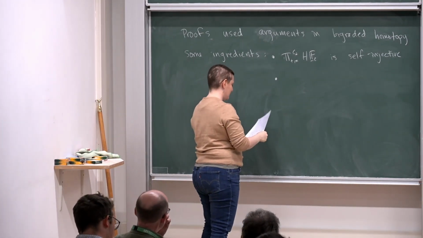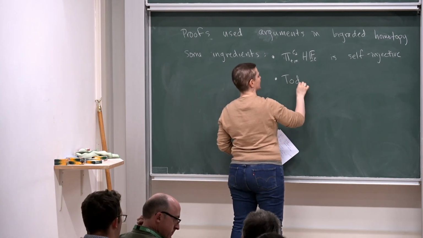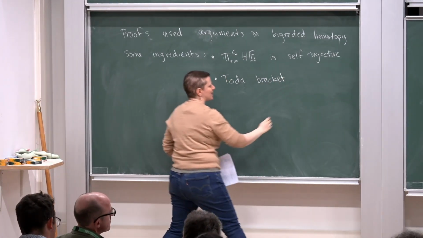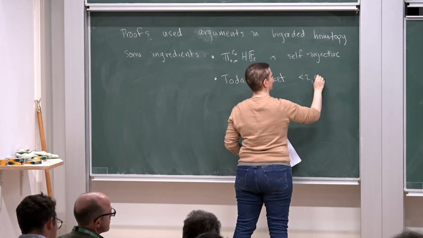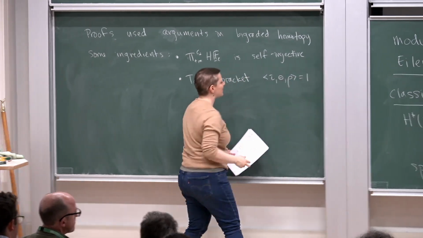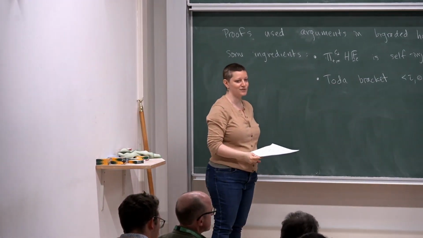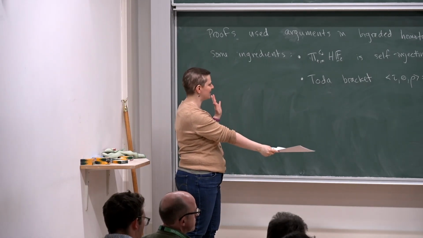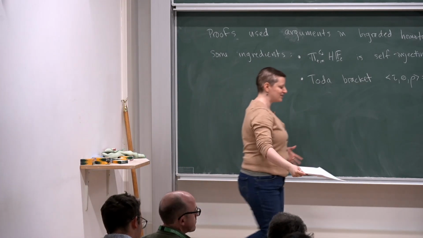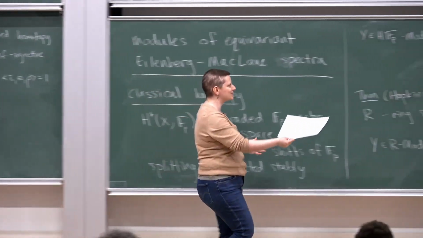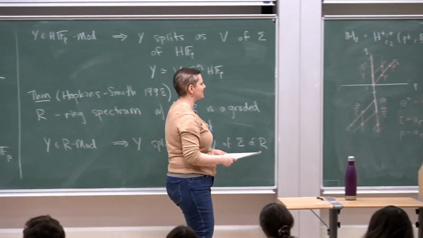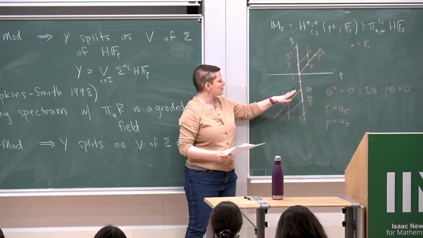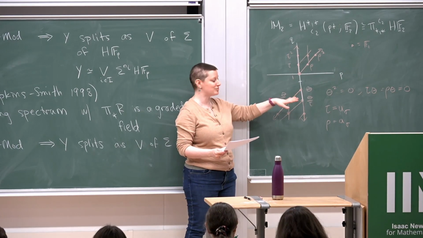And the other one that I want to emphasize is this Toda bracket. This was first suggested by Dan Isaacson, and it turned out to be true that the Toda bracket of tau, theta, and rho is equal to 1. And Dan suggested this to help me solve a different problem I was working on, but it helped me solve this structure theorem problem, and so that was very fun. So if you haven't seen Toda brackets before, this is some higher kind of multiplication.